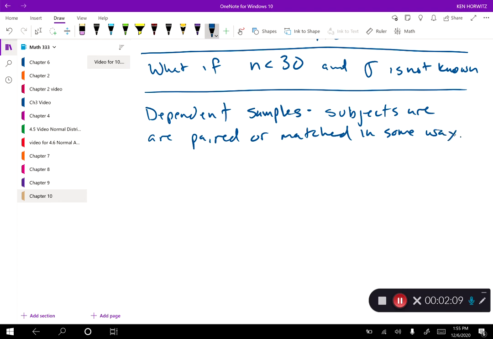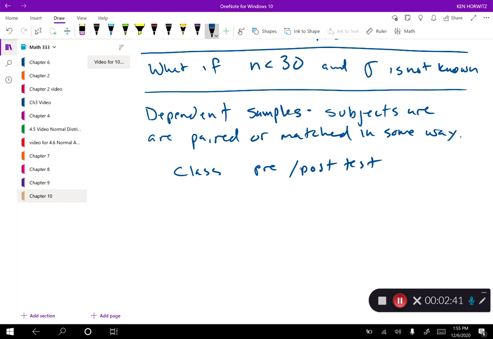So there is some connection between the two samples. The most common dependent sample would be, for example, taking a class and doing a pre and post test. If I took the same class and I gave them a test, then we did a treatment, and then I gave them the post test, that would be a dependent sample because the two samples would be connected by the same people.